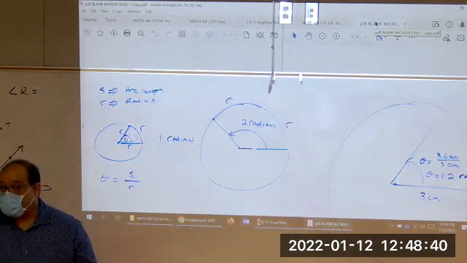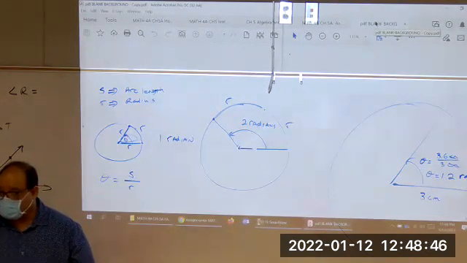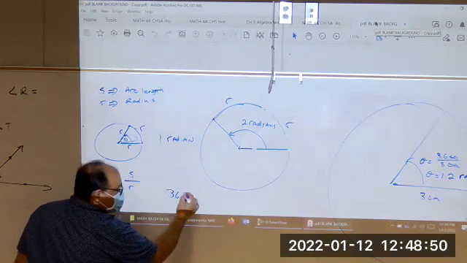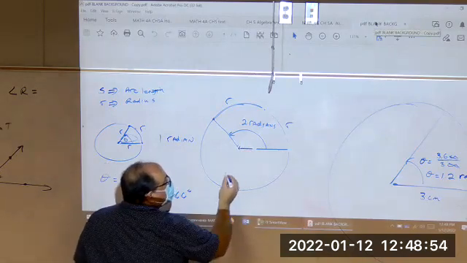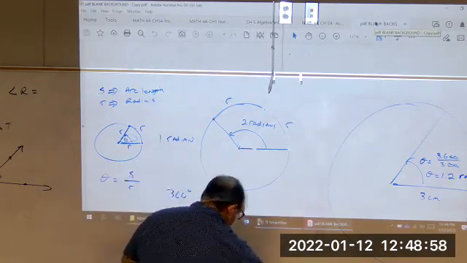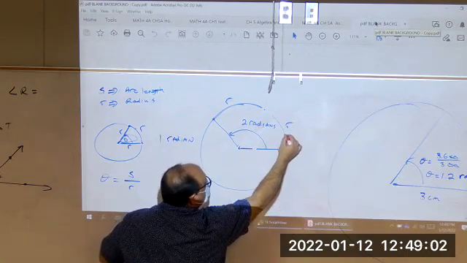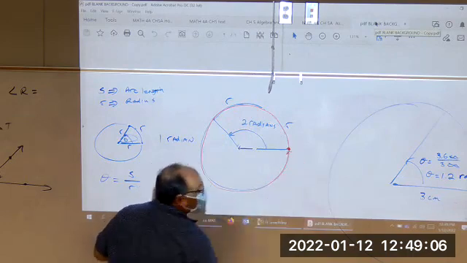So remember, it's 360 degrees in the entire circle. What is this called in the circle? We start here and go all the way around, and what's this called?